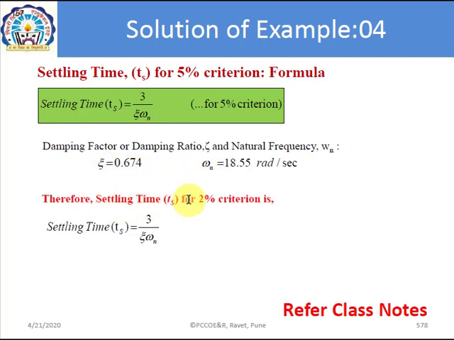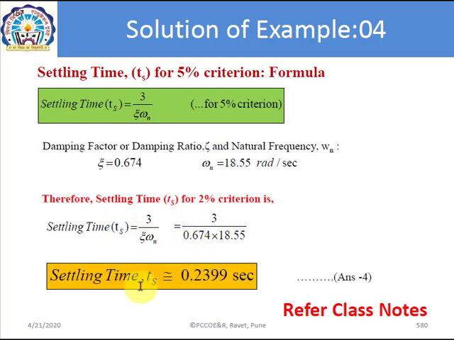Just one correction here, it's 5%: for 5% settling time is 3 upon zeta omega n. After substituting all these values, you will get settling time Ts approximately equal to 0.2399 seconds. You can see that for 5% you have a lesser time as compared to 2%.